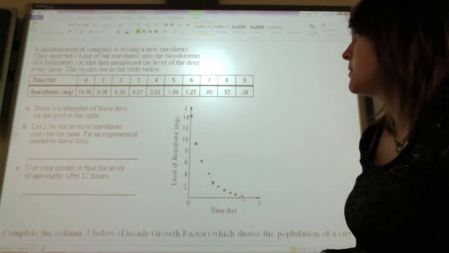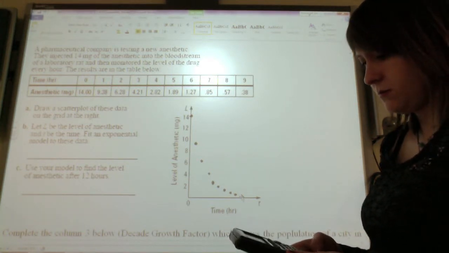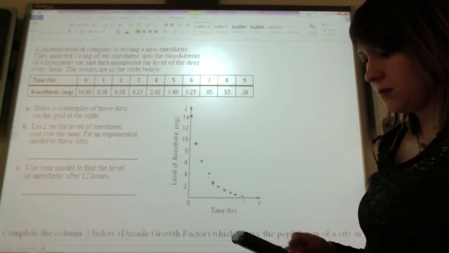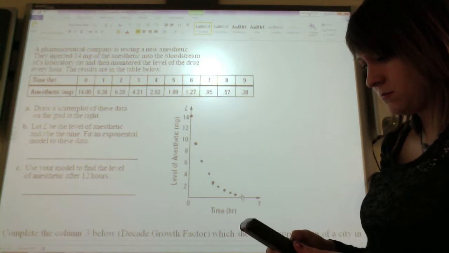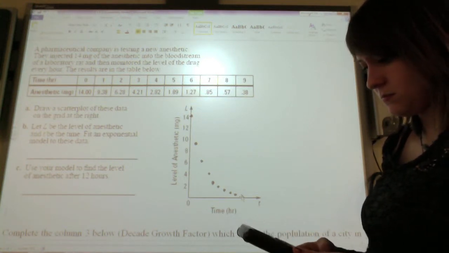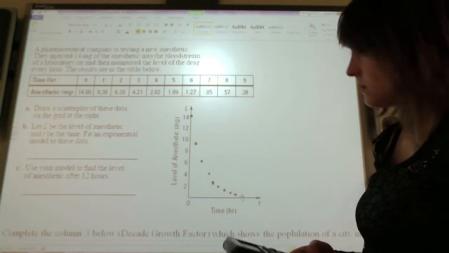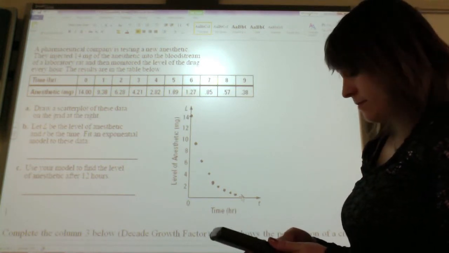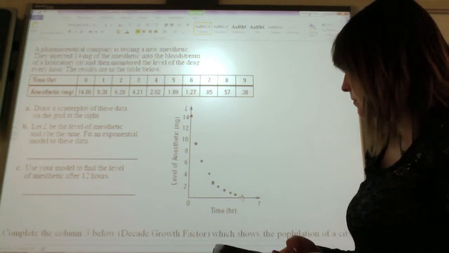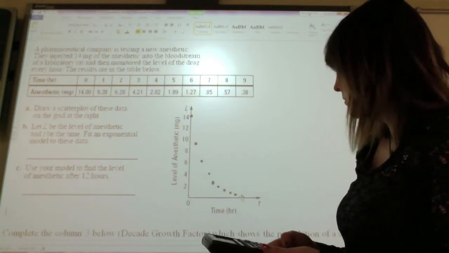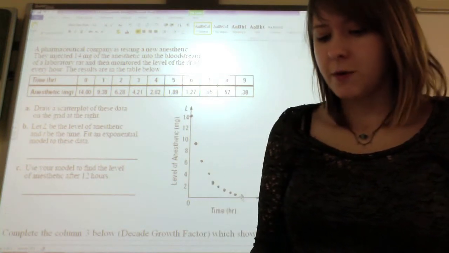Okay, then for my L2, I'm going to type in my actual anesthetics. So 14, 9.38, etc. Okay, then when I have all my data points typed in, I'm going to hit Stat.